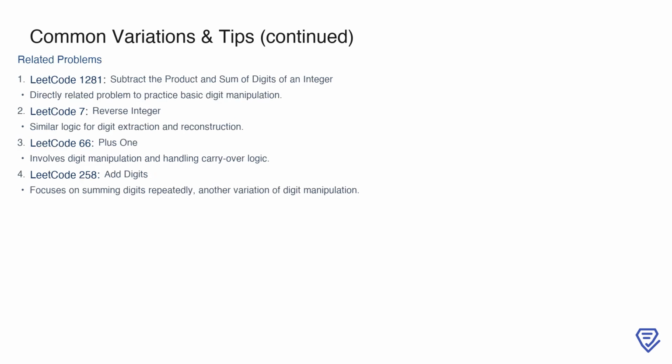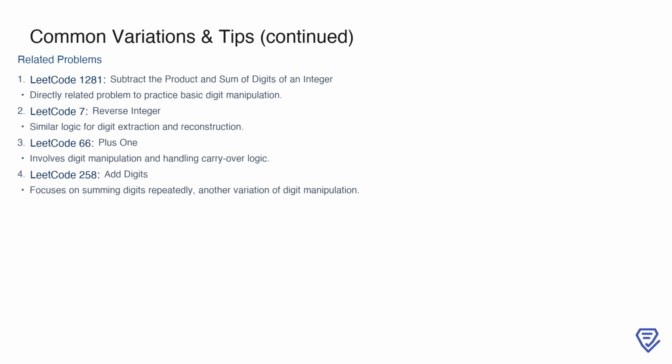There are also several related problems that can help you practice and deepen your understanding of digit manipulation. Of course, LeetCode 1281, the problem we're discussing, is a direct example of this. Another useful problem is LeetCode 7, Reverse Integer, which requires you to extract and reconstruct digits in reverse order, building on similar logic.